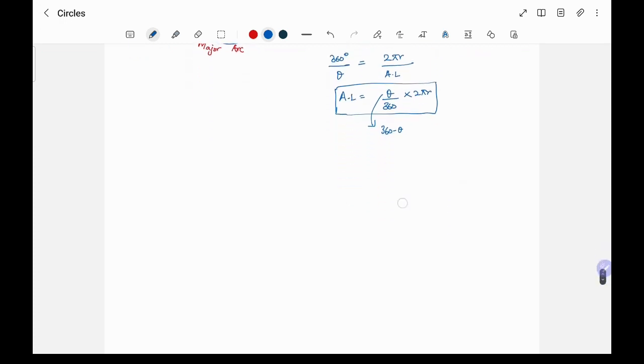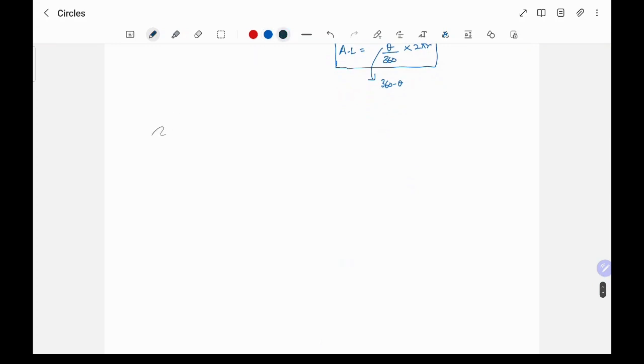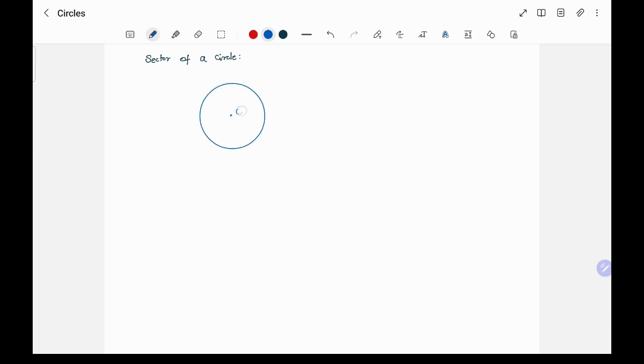So next we will see about the sector of a circle. What do you mean by sector? You have a circle, you have the center. Suppose you take 2 points. You can see it is like dividing a pie, right? You have apple pie or something, or even round pizza, right?